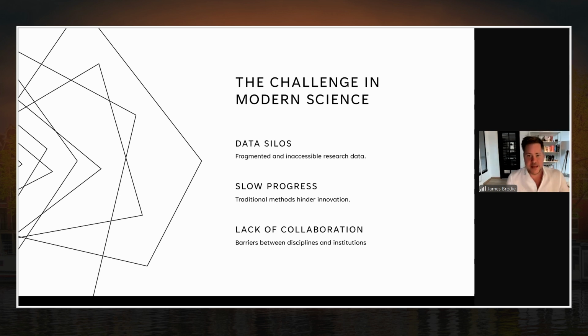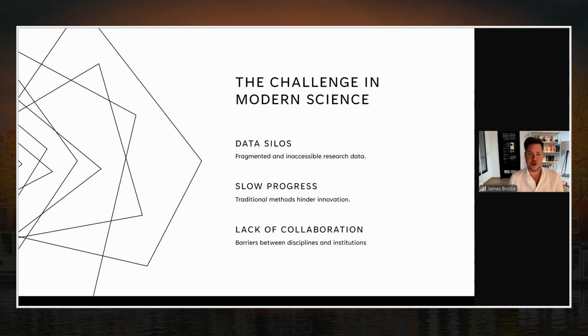With all that said, let's first talk about some of the challenges that we see in modern science. The first main one, as I've mentioned already, is data silos. Quite often research is locked away, either within an institution, behind a company's firewall, or, when it comes to academic research, behind paywalls for the most part.